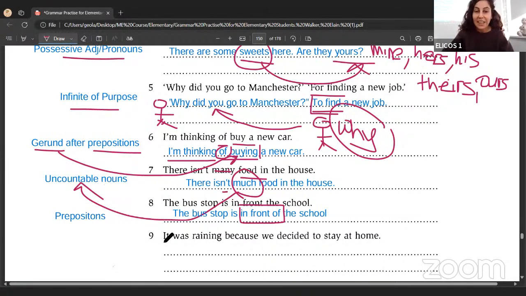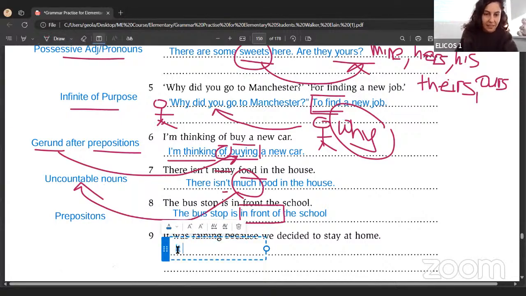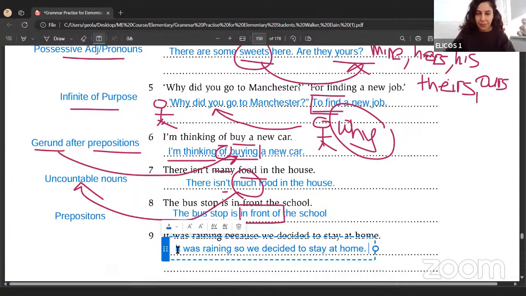Okay, number 9. It was raining because we decided to stay at home. So we need to connect it. I'm going to put here, it was raining. So, not because, so we decided to stay at home.